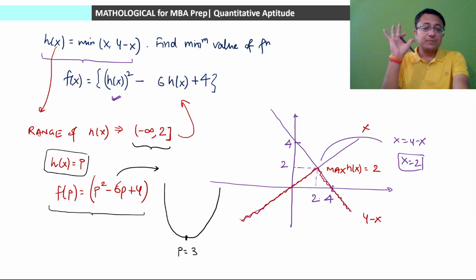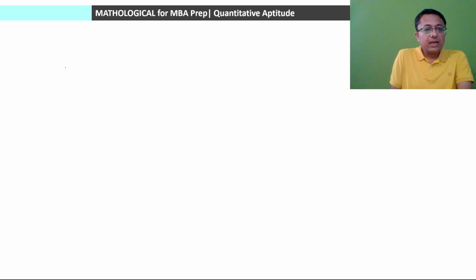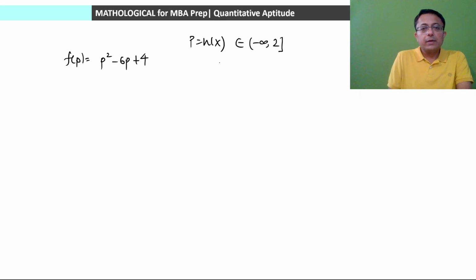Are you able to understand this point? Is this part clear? Let us say f(p) is equal to p square minus 6p plus 4, where p is equal to h(x) only, and h(x) is always between minus infinity and 2. So h(x) cannot be equal to 3.